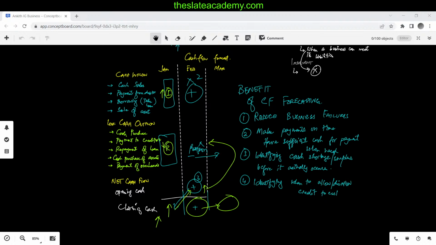The same way it applies to customers, it also applies to identifying when to ask for credit from your suppliers. The same way you allow or don't allow your customers credit based on how much cash you have, you'll also foresee months in which you are running tight on cash, and you'd ask your creditors to offer you more lenient credit terms.